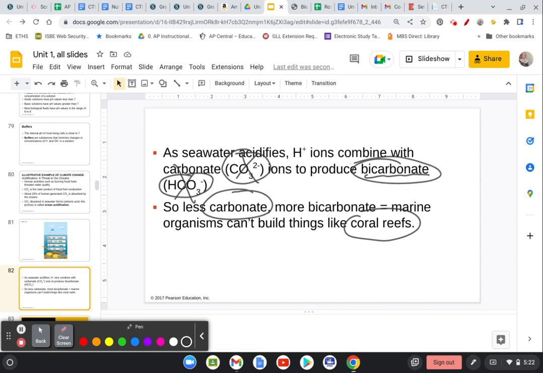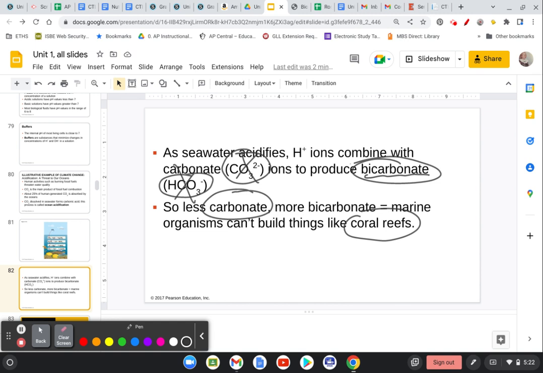So they produce the bicarbonate, and they're producing the bicarbonate by taking the carbonate away from the coral reefs. So the coral reefs don't have any, it's kind of like thinking, like a 2x4 to build a house. You need wood to build a house. So that wood, or in this case the carbonate, is taken away. It's put into a different form called bicarbonate.